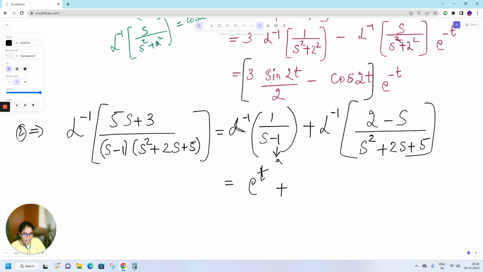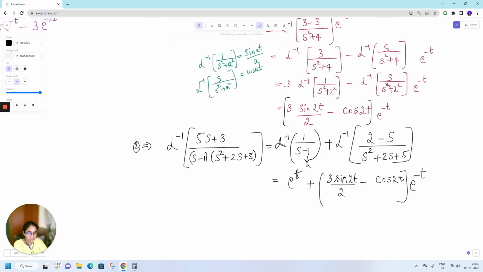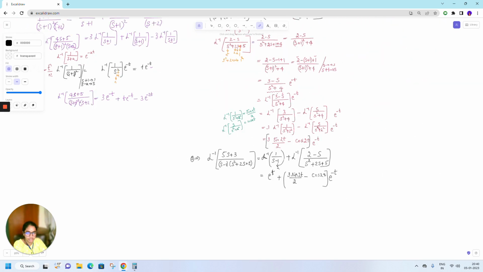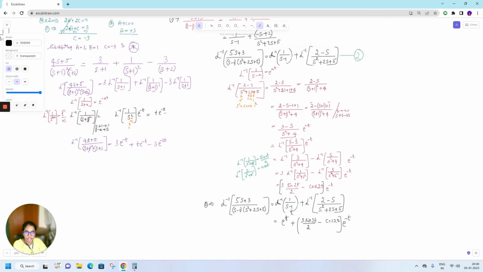This would be 3 sine 2t divided by 2 minus cos 2t, whole thing into e power minus t. Okay, so this is the Laplace inverse of the given question.